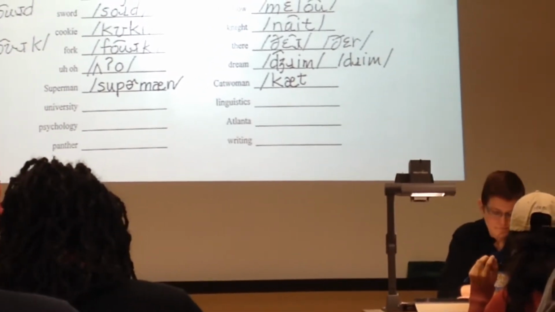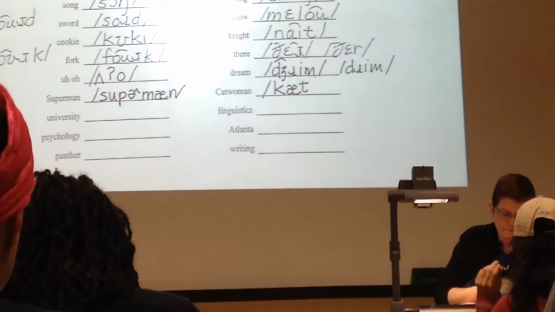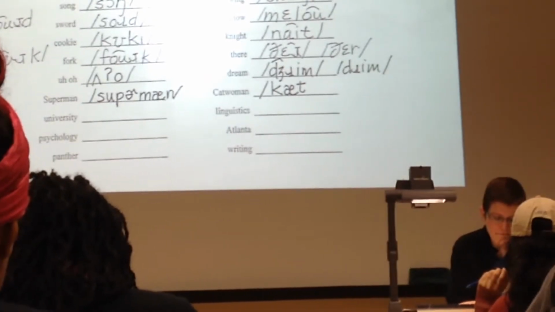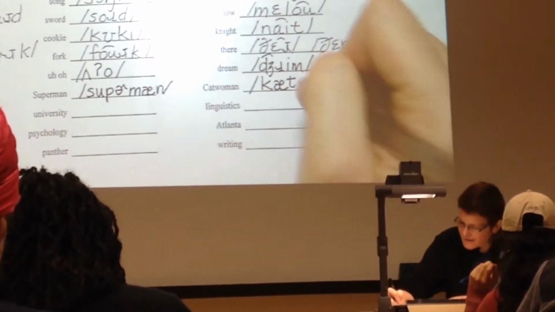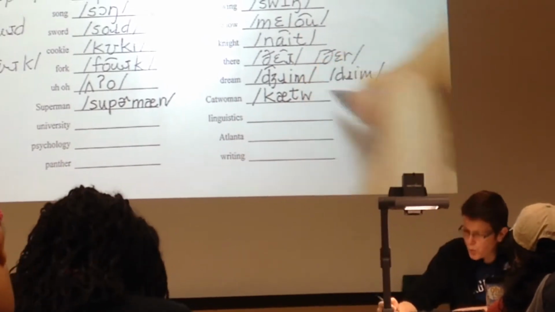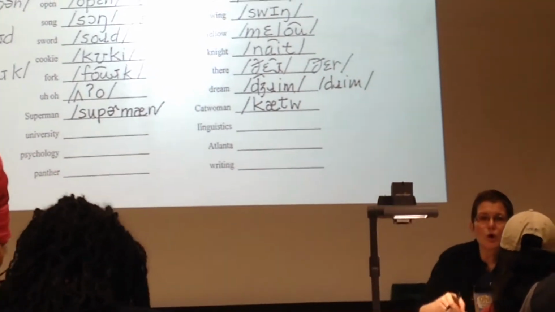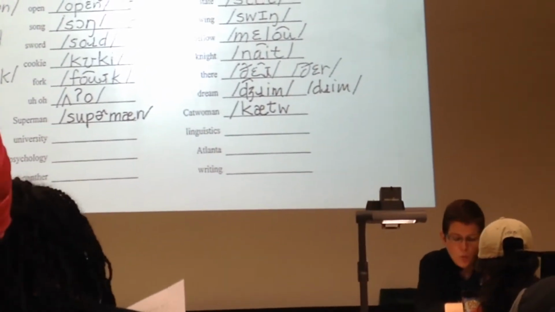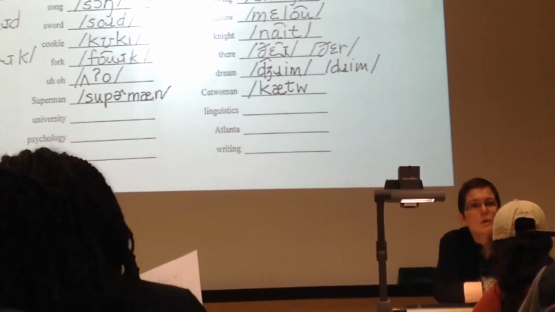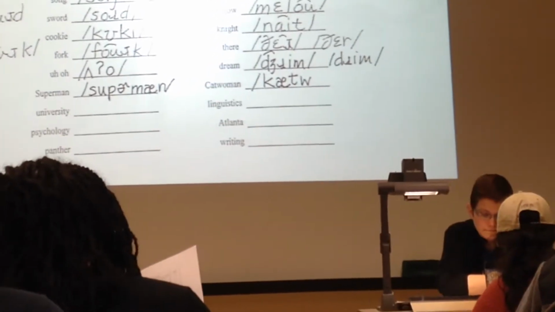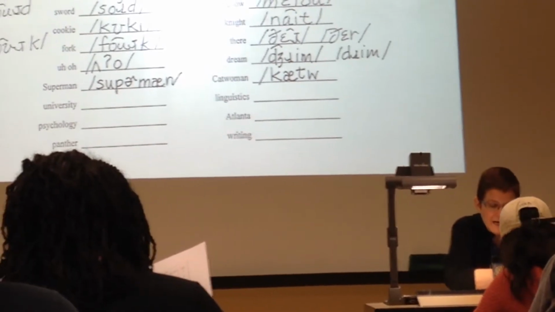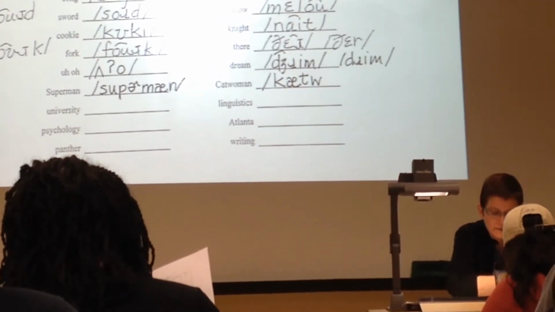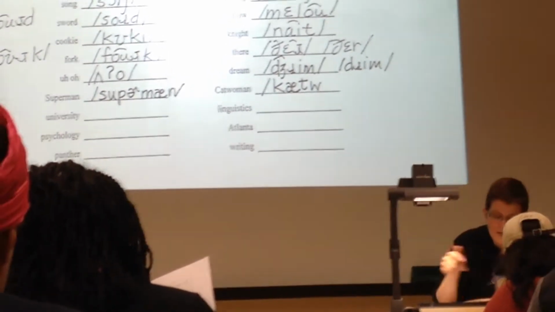Voiced labial glide. Cat. W. Now cat. W. And a high, near close back vowel, or a near close high back vowel.